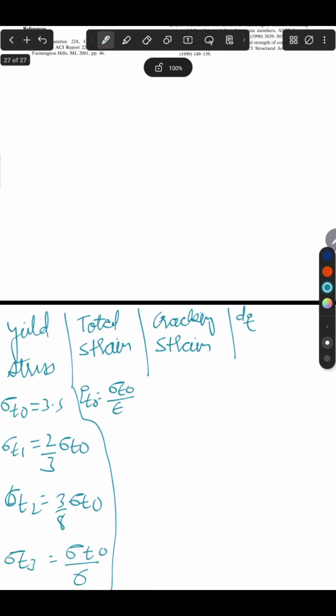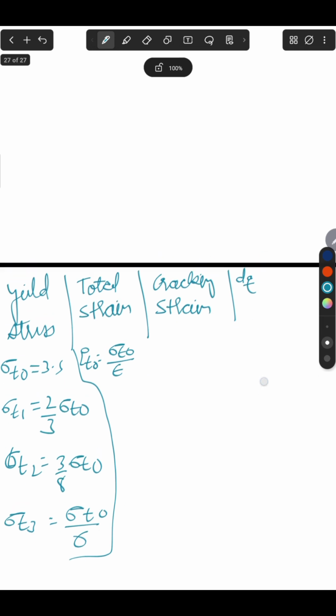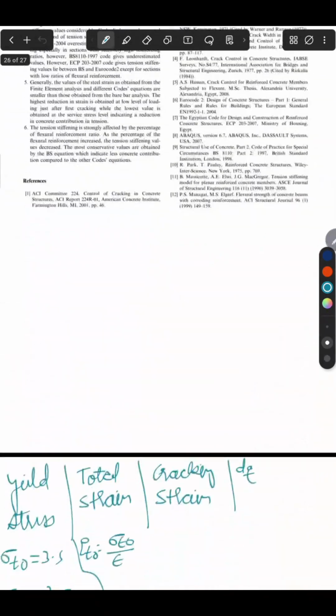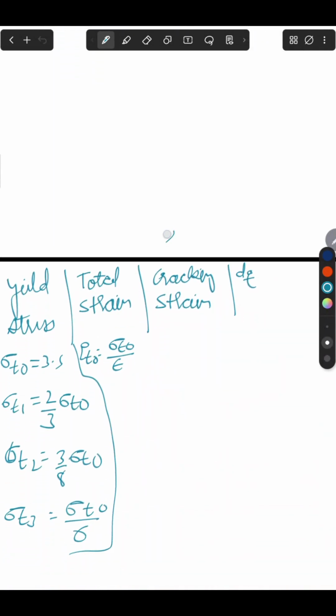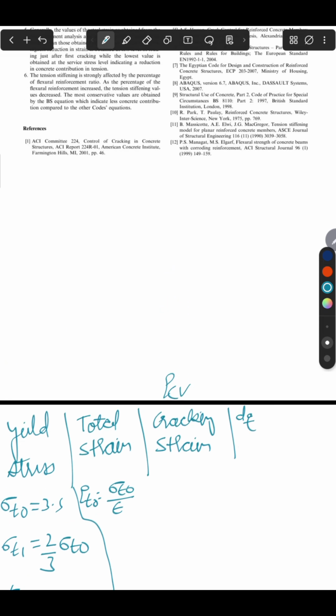Now for the second, third and fourth one, we have to find ECR first, that is this one, ECR. So for ECR we have the formula ECR equals ET minus sigma T by E naught. So we have sigma T, we have ET, and we have E naught. So we can find the ECR value.